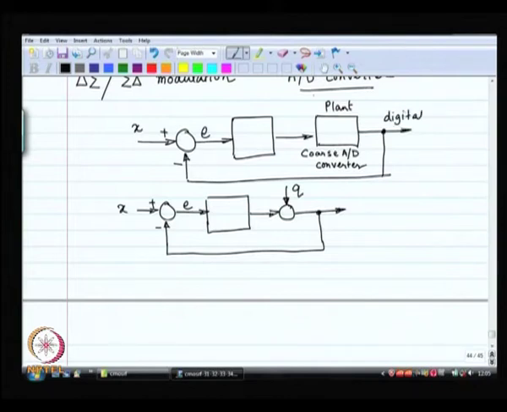How can you subtract a digital signal from an analog signal? Well, yes, there has got to be a DAC over here, some sort of a D to A converter over here is necessary. If you are talking about 1 bit A to D conversion, then this D to A converter is trivial, in fact it is a wire.